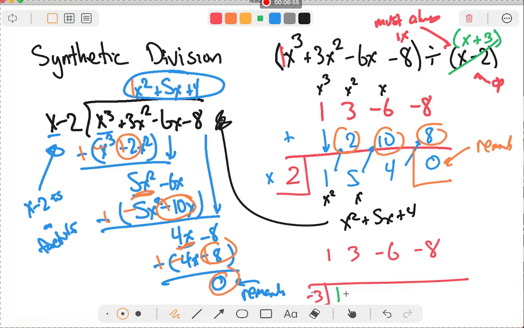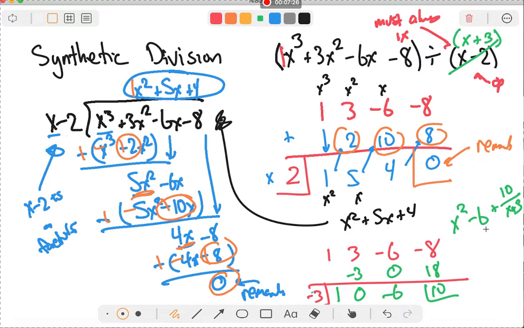I bring down the 1, times -3 is -3. Add, it is 0, times -3 is 0, plus -6 is -6, times -3 is 18, minus 8 is 10. So my answer to this problem would be x squared, I have a 0x, minus 6, plus my remainder of 10 over x plus 3.